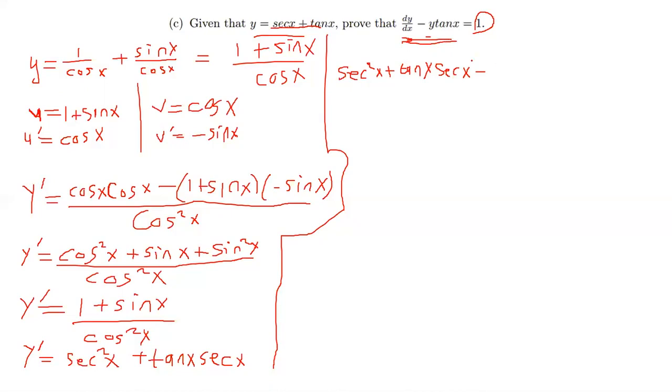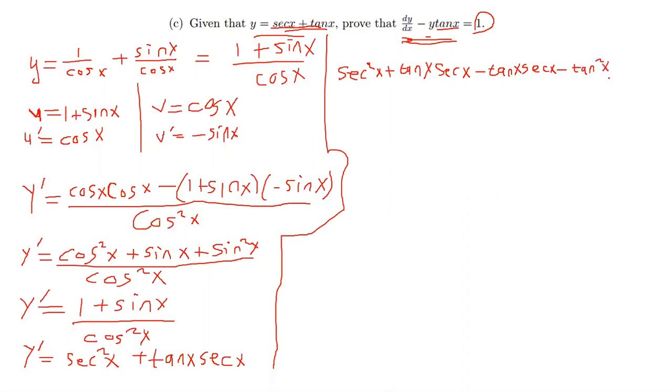So I'm going to multiply this tan x, which has been given here, with everything there. So this tan x times sec x, I'm going to get tan x sec x. And then when I multiply tan x times tan x there, it will give me tan squared x, again a negative tan squared x.